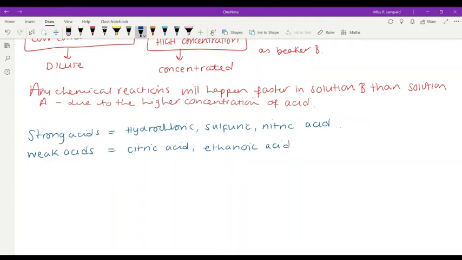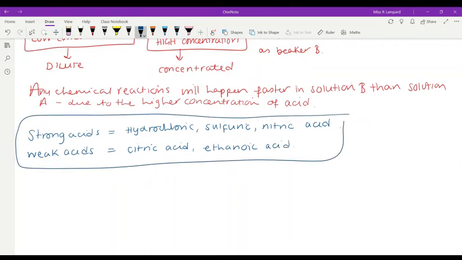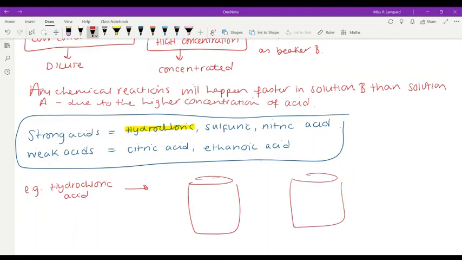So different types of acid might be strong and weak, okay? But let's take, just for example, some hydrochloric acid. So, for example, hydrochloric acid we could have in beaker A and beaker B.